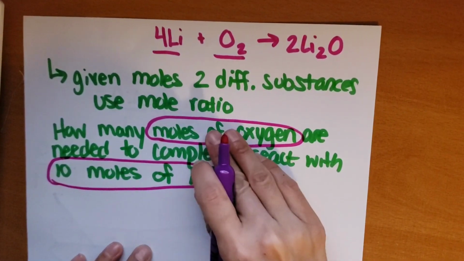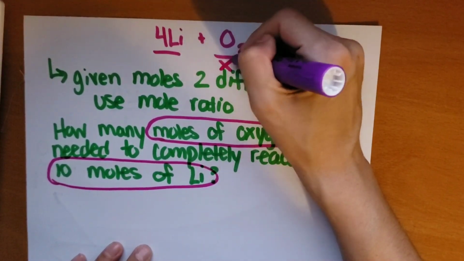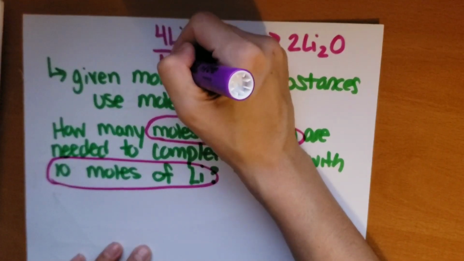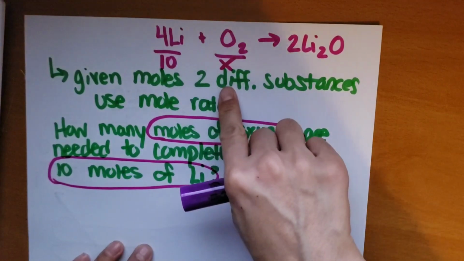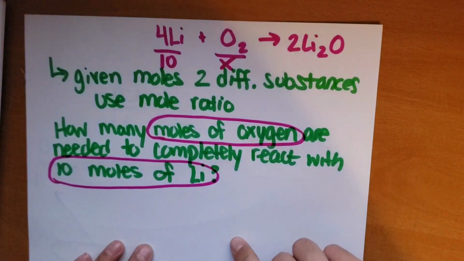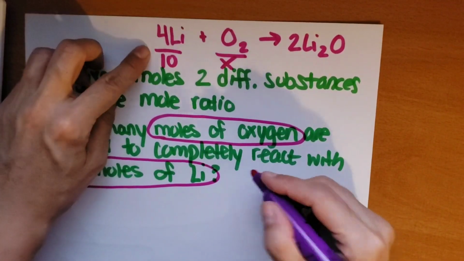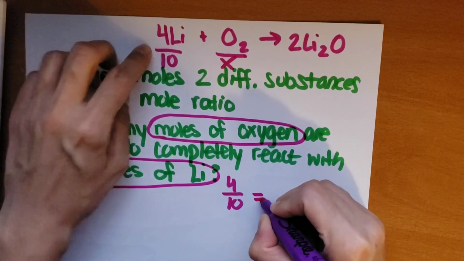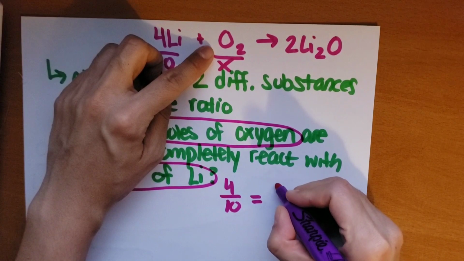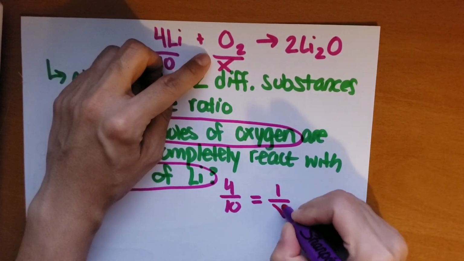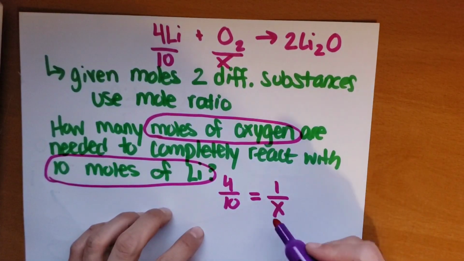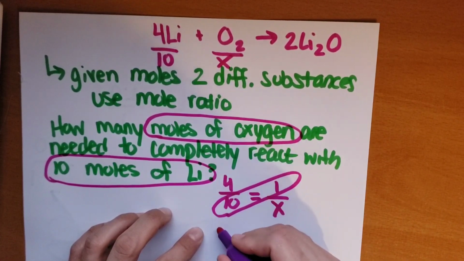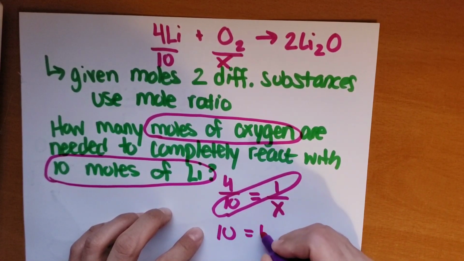Now, I'm looking for oxygen, so I'll call it X. And I'm given that there are 10 moles of lithium. So this will allow me to set up 2 fractions. My fractions will be 4 over 10 equals, this coefficient of 1 is understood, 1 over X. To solve, I'm going to multiply to remove the denominator.